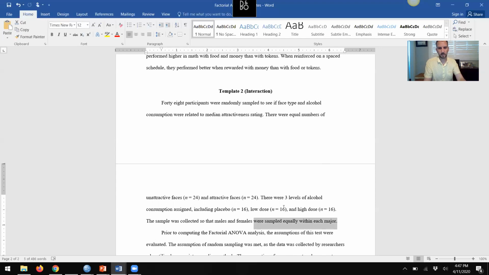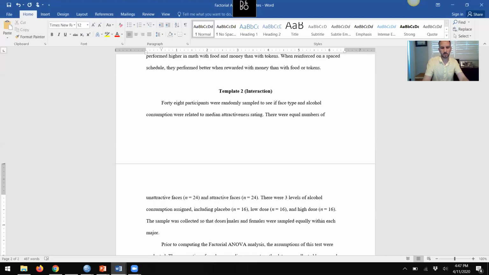And the sample was collected so that alcohol consumption was equally distributed among attractive and unattractive faces.